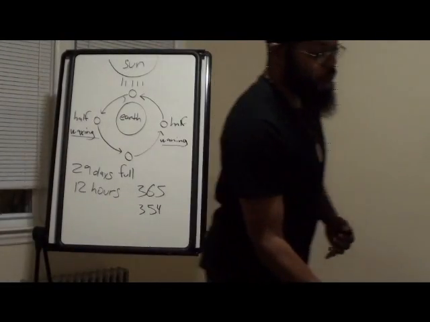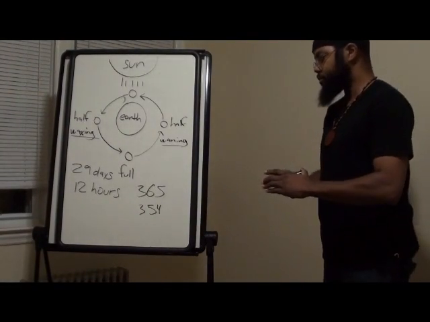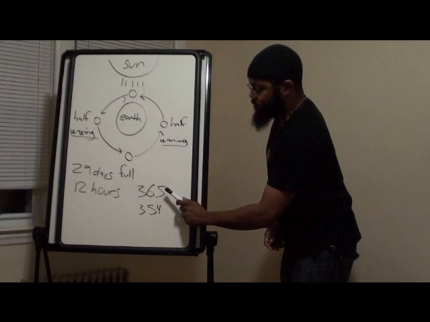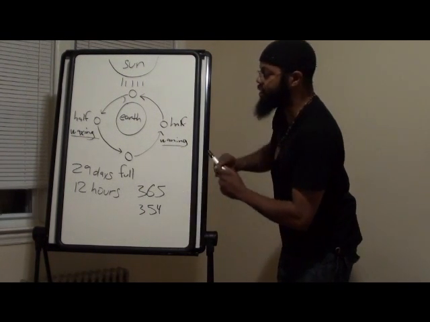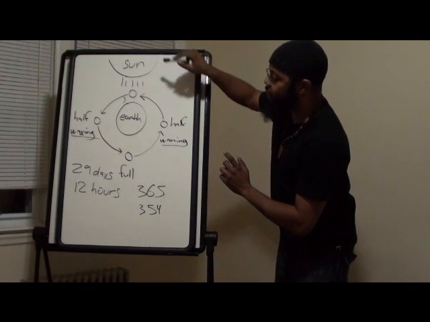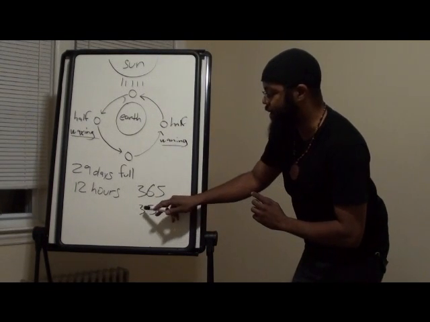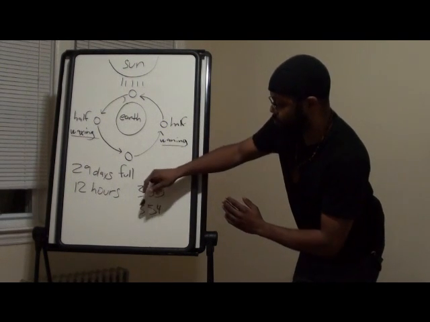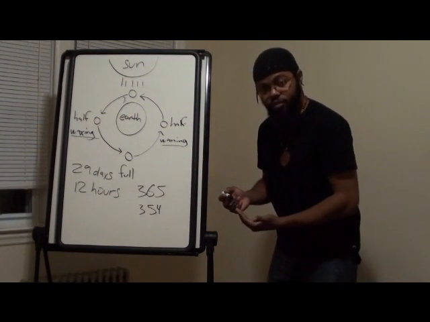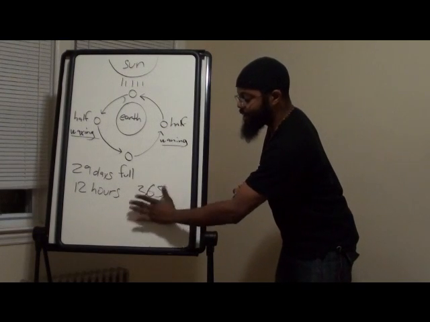Okay? So what's wrong with that picture? As you can see, the solar year, which is the 365-day process it takes the earth to go around the sun, is greater than the length of time as the moon is going around the earth. Okay? 354 days. There's a great lack here.